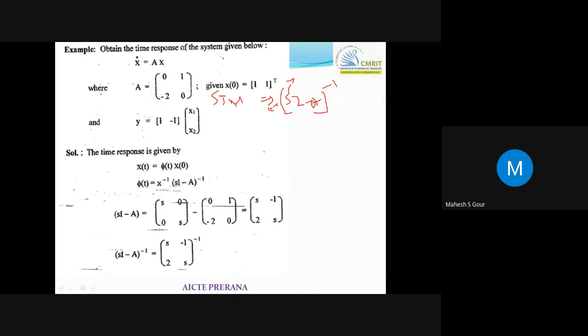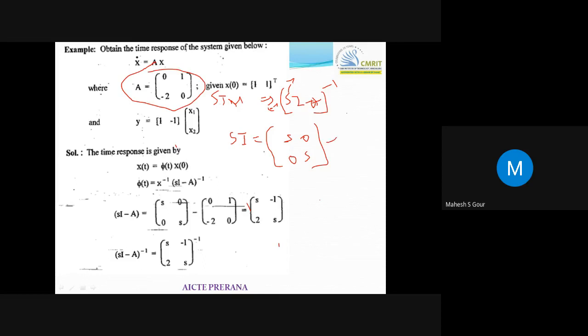So now, I taught what sI is. Can anyone tell what the sI matrix is? Yes, it is s, 0, 0, s. Next, sI I got. Now what is A? A is already given as 0, 1, minus 2 and 0.